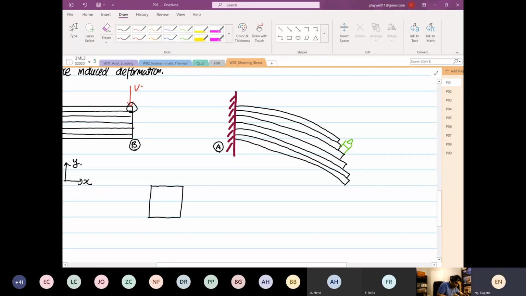Now, if we were to incorporate the shear force acting over here, V, and where we measure our delta, we measure our delta in this direction. And the shear stress is acting in this direction.